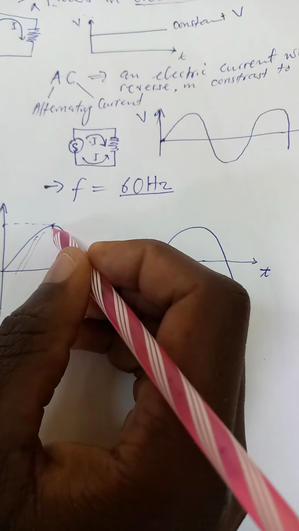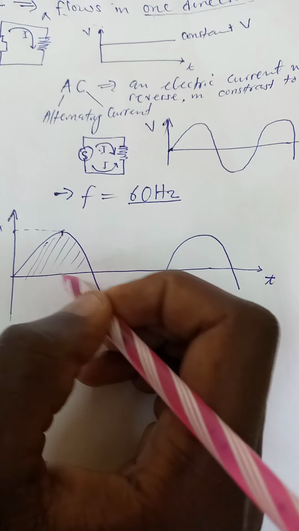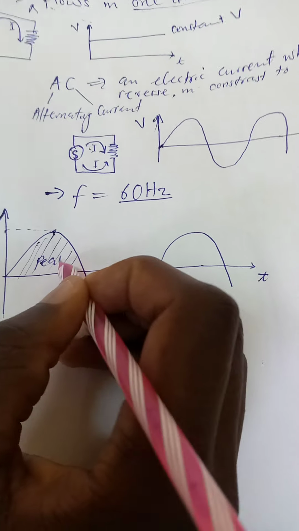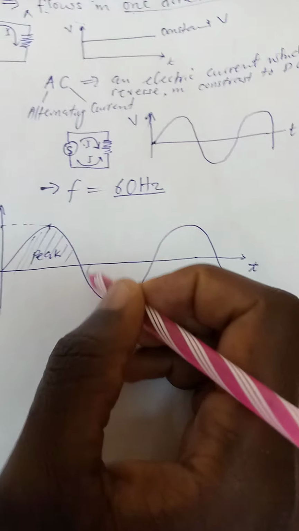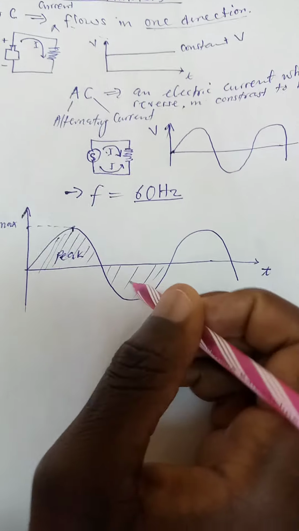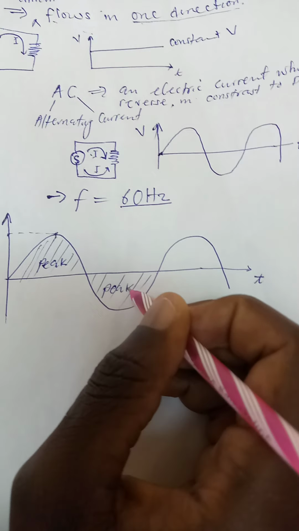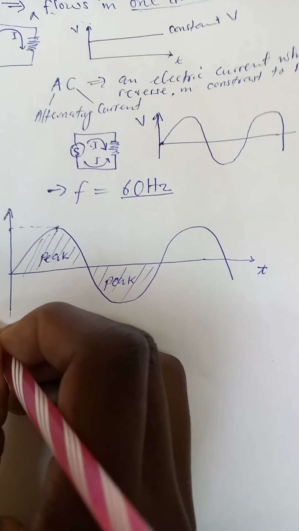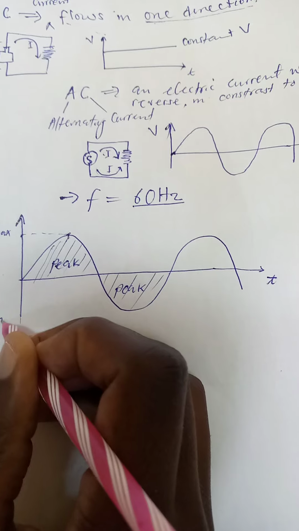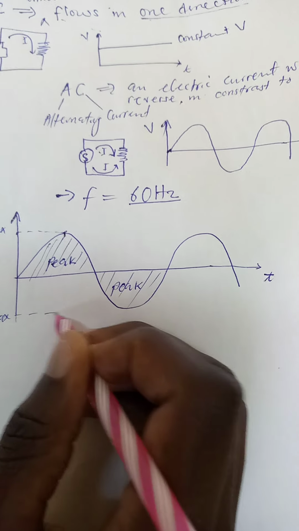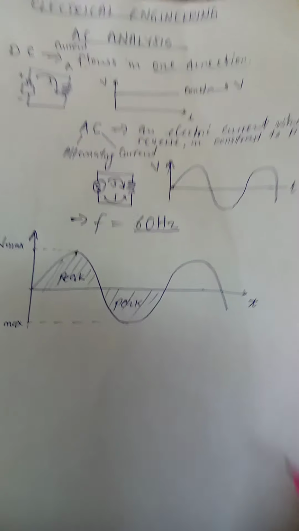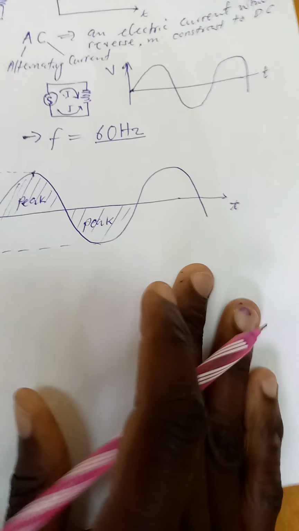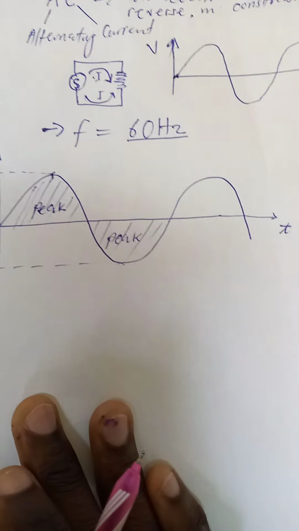So all this is simply a peak value. Even this one is the same. Here is also a peak. So down here I will have my negative voltage. So this is how it looks like.